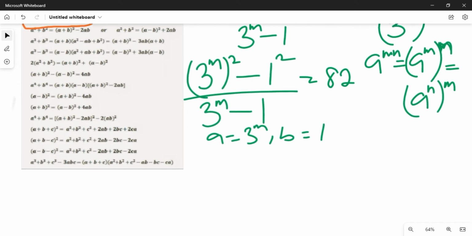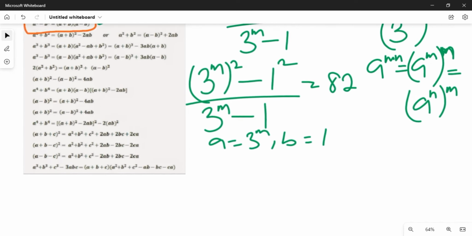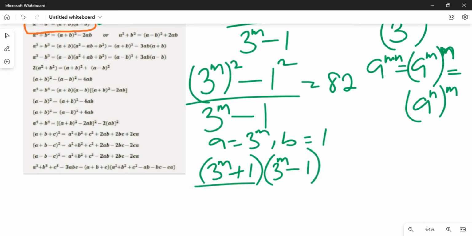So if we apply that here, we're going to have 3 raised to power m plus 1, then we'll have our 3 raised to power m minus 1 all over 3 raised to power m minus 1, and that will be equal to 82.